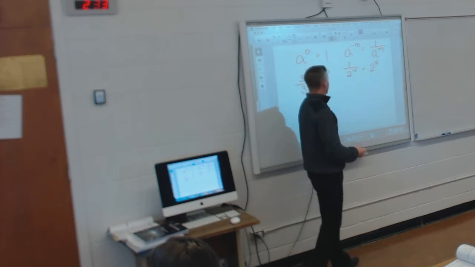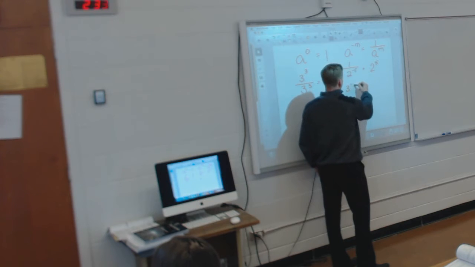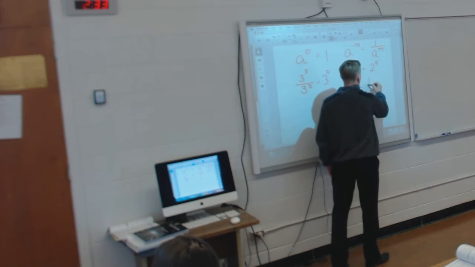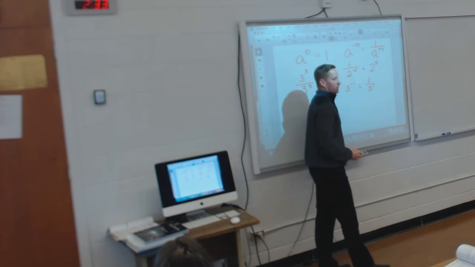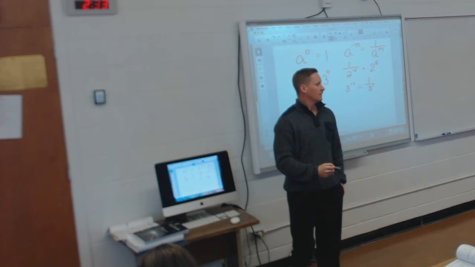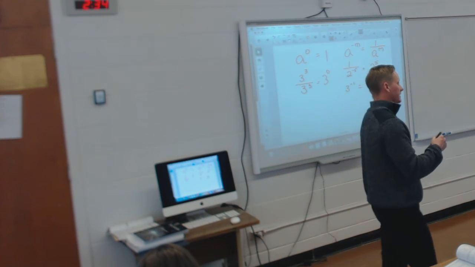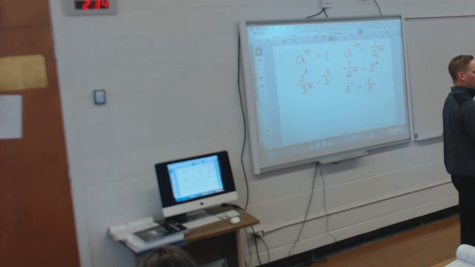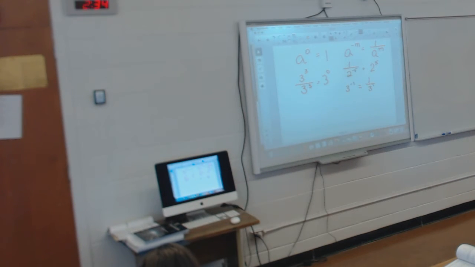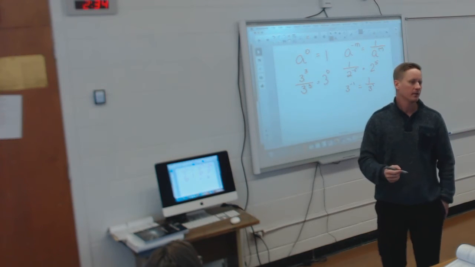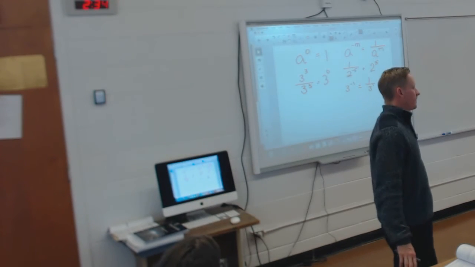If I have 3 to the negative 1, to write it as a positive, it becomes 1 over 3 to the 1. I'm going to switch it, but that's a biggie. It's a biggie because when you're working with them, the majority of the answers they ask you, they want positive exponents for it. So you have to follow through on that.